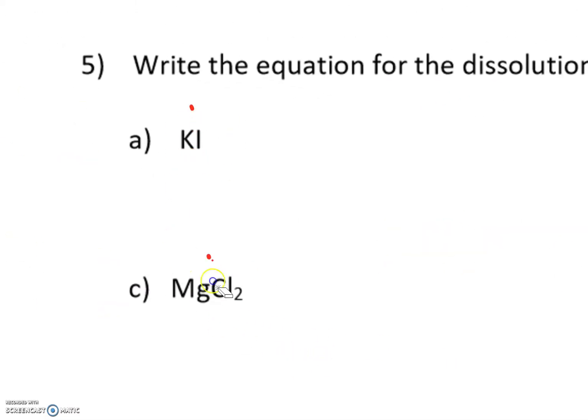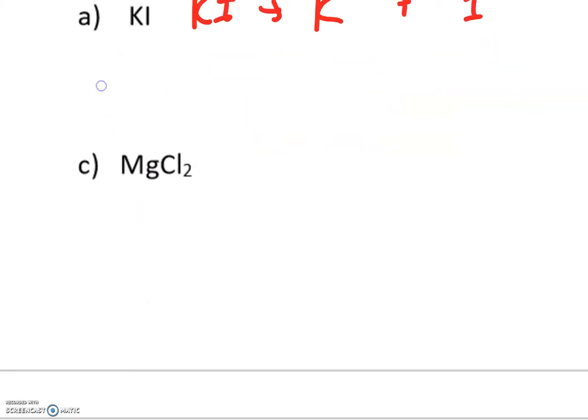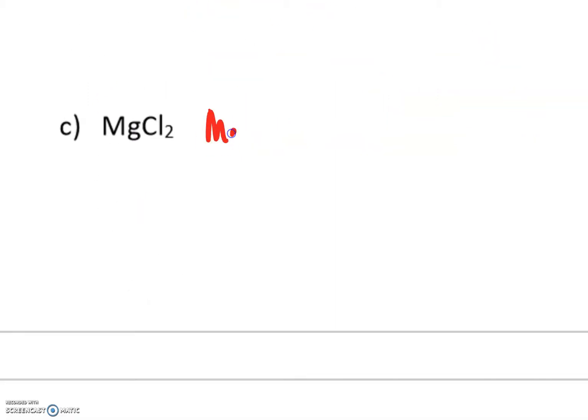So, that means potassium iodide is going to dissociate into potassium and iodine. Magnesium chloride is going to dissociate into magnesium and 2 chlorines.